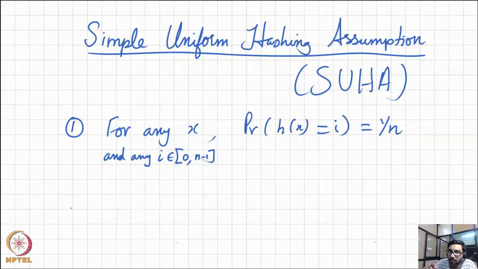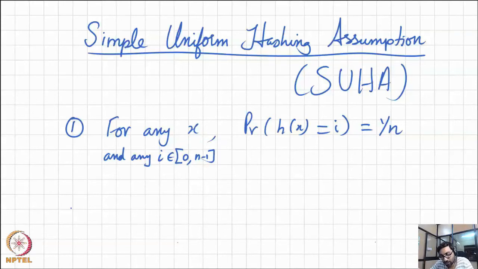And just to clarify, this doesn't mean that each time x is hashed, it will be any one of the n items equally likely. No, h of x will always be a particular value, but that particular value will be equally likely to be any one of the n locations.